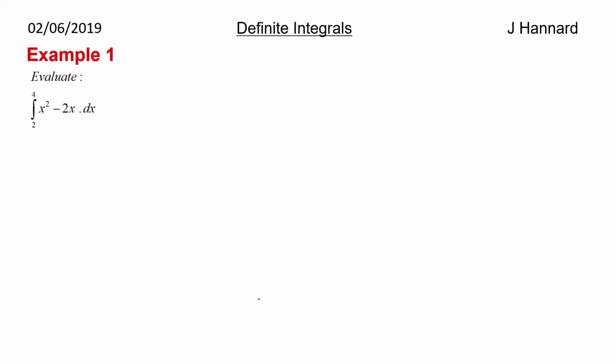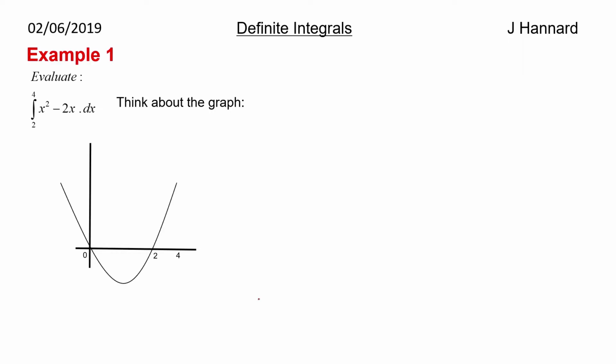So here's example 1 then. Evaluate the integral between 2 and 4 of x squared minus 2x with respect to x. So think about the graph. So we draw the little graph there. x squared minus 2x actually factorizes to x brackets x minus 2, so we know we've got intersection points at x equals 0 and at x equals positive 2, and we draw a little curve through it, and we know that it's well, we don't know its lower limit actually.